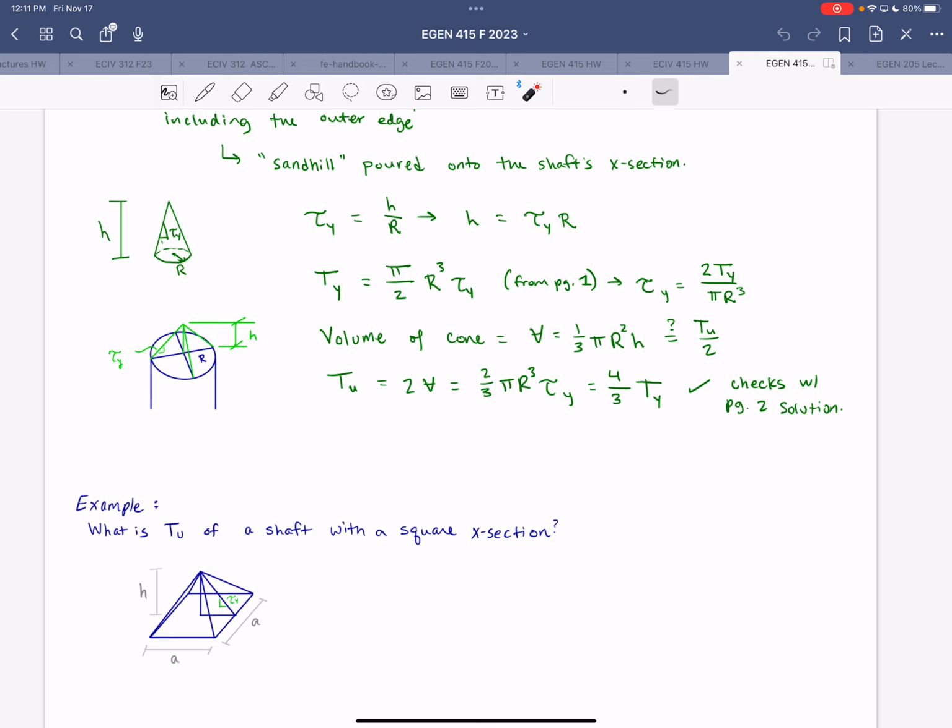I will clarify. You have your rectangular cross section, and you don't want to turn it into an equivalent cylinder. That's not the idea. What I'm looking for is a simplified approach to figuring out what the internal forces are.